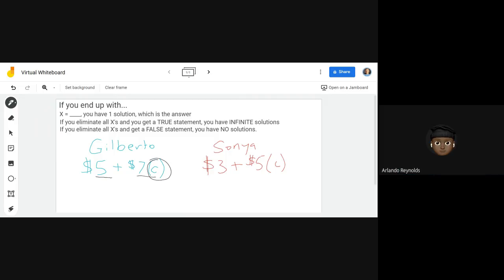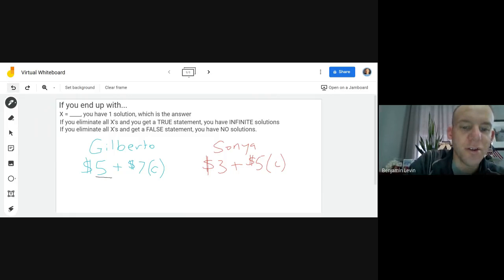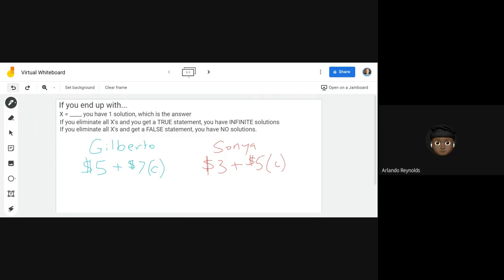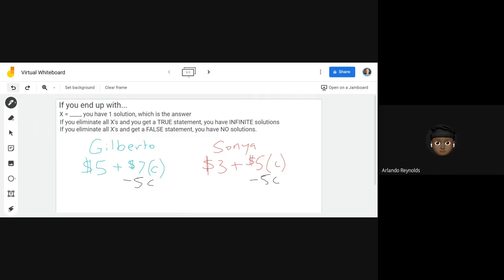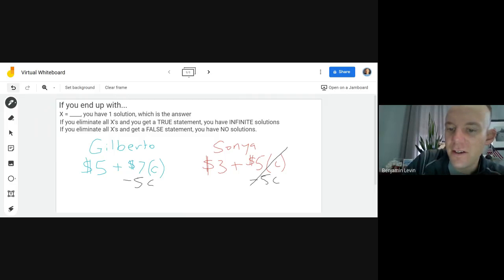One has a letter attached to it and one doesn't. So what I need to do is start combining these things, right? I'm going to move this by subtracting 5C, right? 5C minus 5C is 0. 7 minus 5 is 2C.